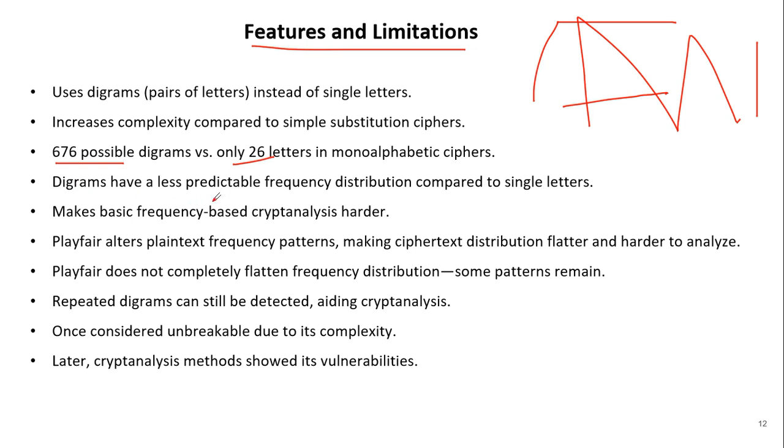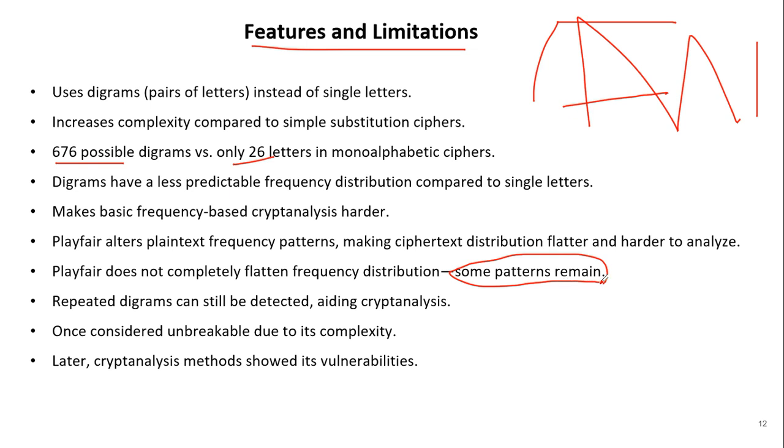Digrams have a less predictable frequency distribution compared to single letters, which makes basic frequency-based cryptanalysis harder. Playfair alters plaintext frequency patterns, making the ciphertext distribution flatter and harder to analyze. But Playfair does not completely flatten the frequency distribution; some patterns still remain.